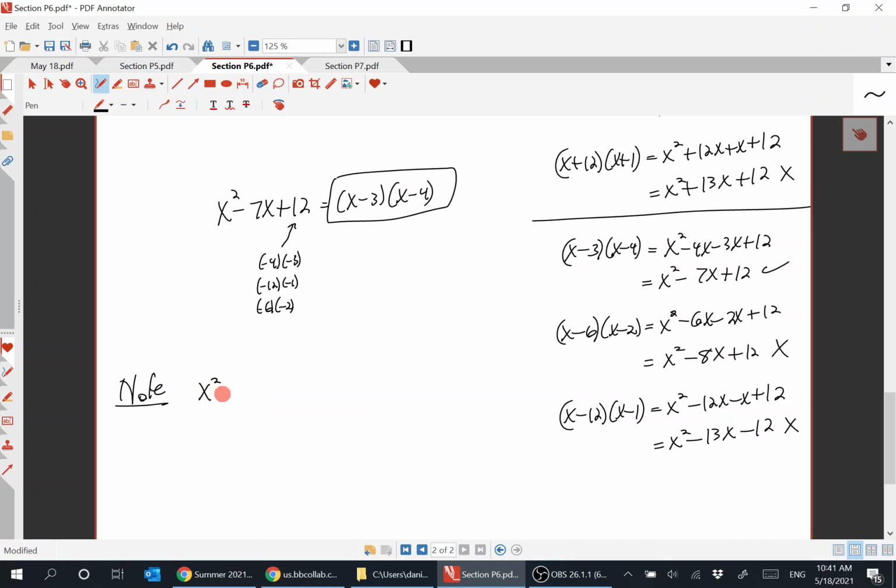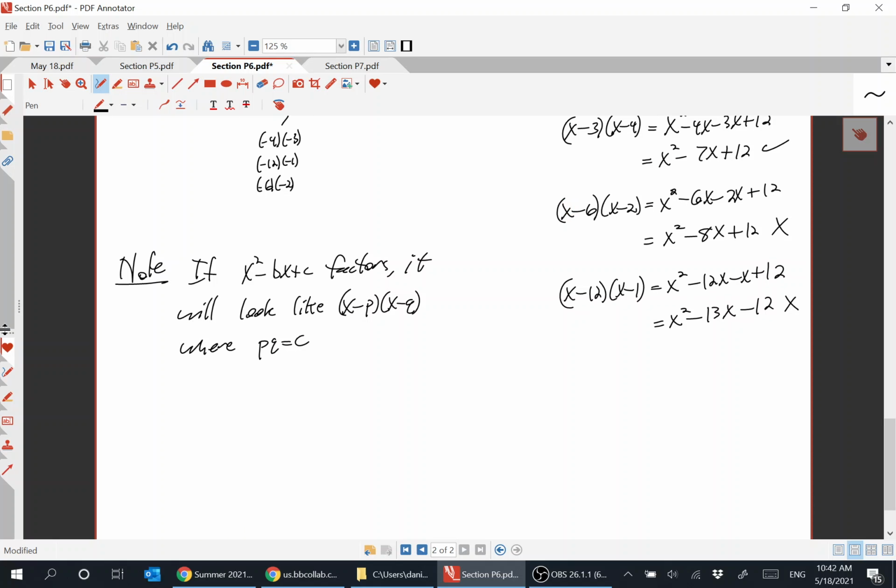Right, so x squared minus bx plus c implies, so if x squared minus bx plus c factors, then it will look like x minus p, x minus q, where p times q is c.